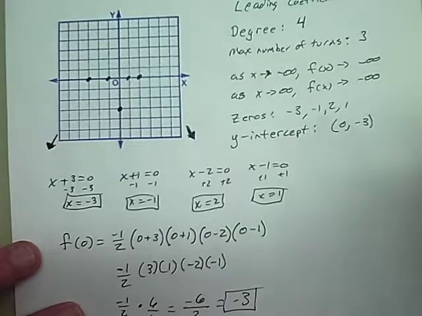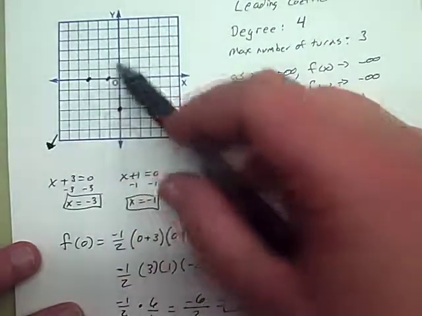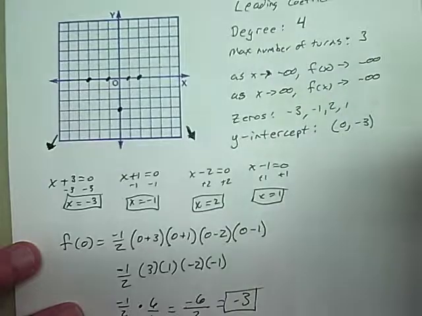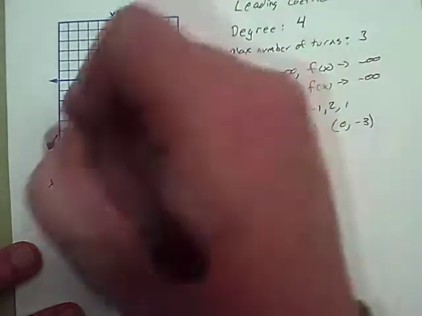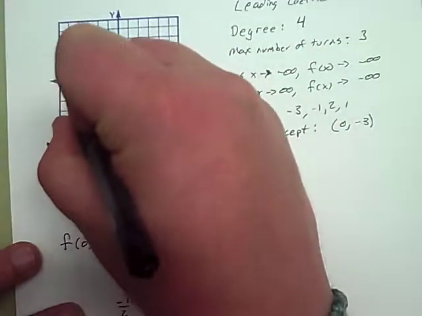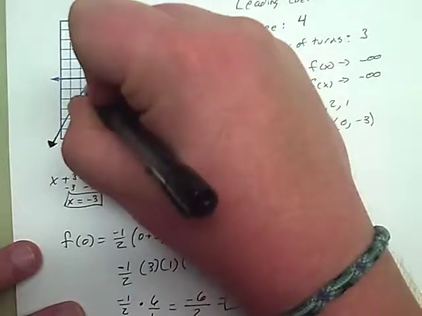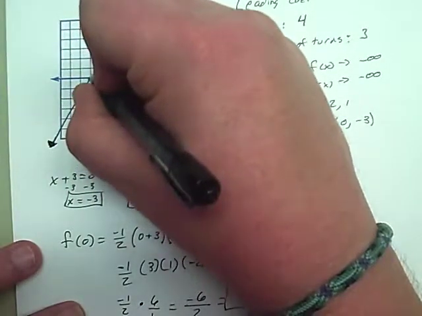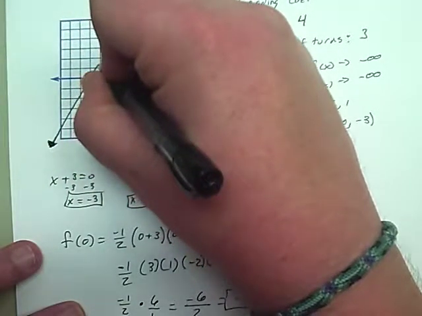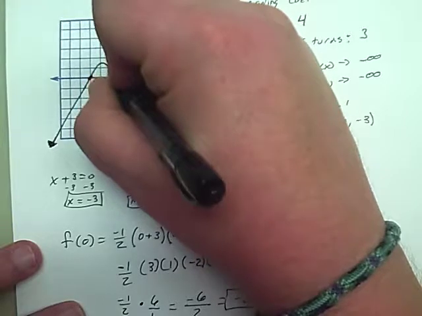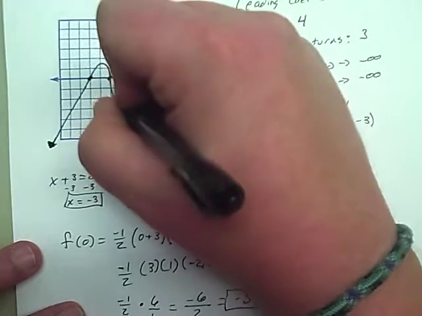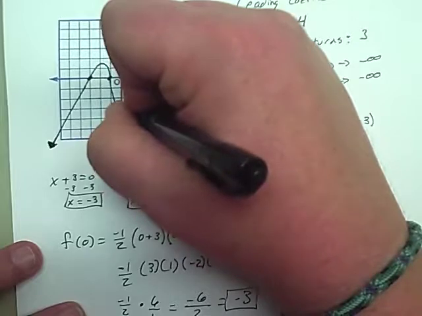And finally, I need to connect the dots. Now, I want you to know this is smooth and continuous, right? And we have our turns. As I get close to an x-intercept, it goes through and crosses through. Here it's going to go through, cross through. It's going to go through, cross through.